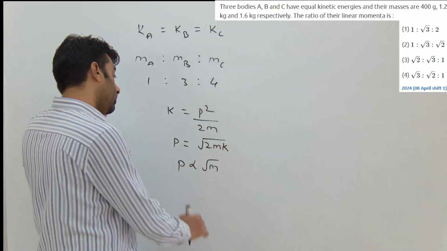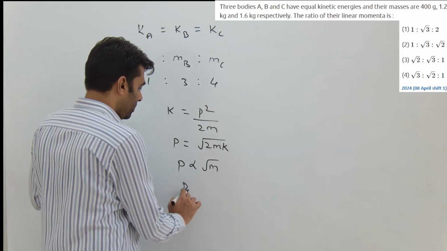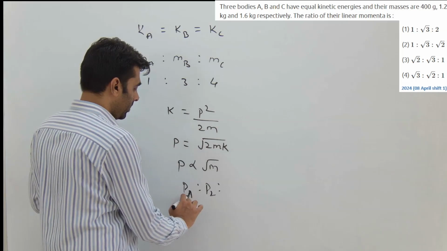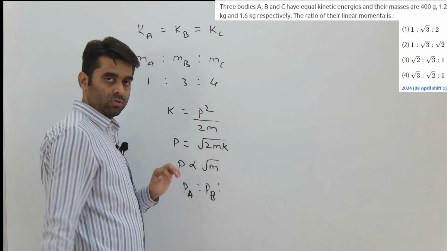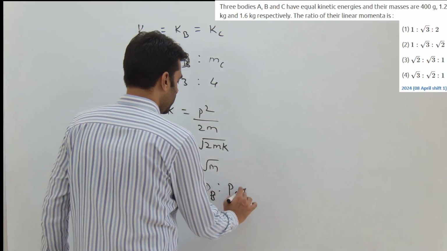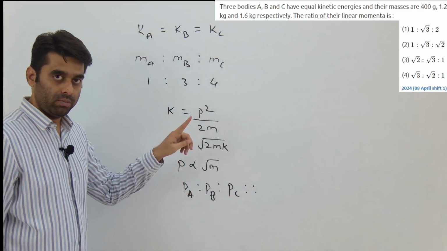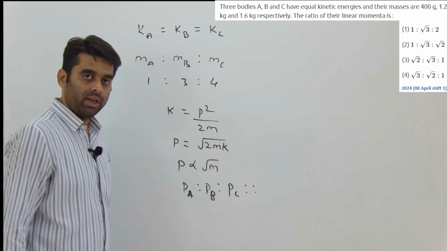So PA is to PB is to PC, the ratio is root m. Basically the proportionality is root m.